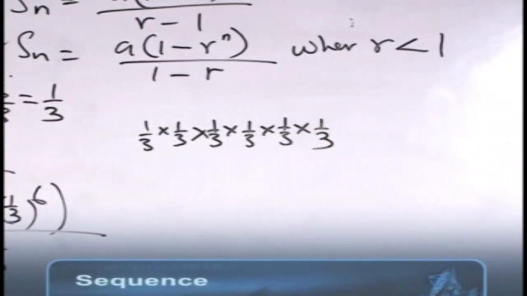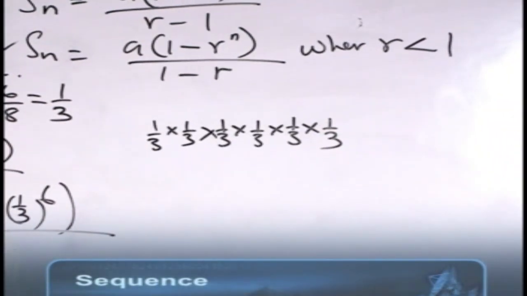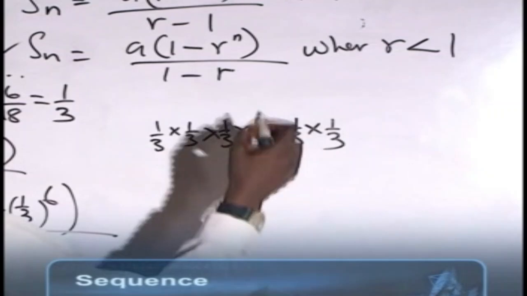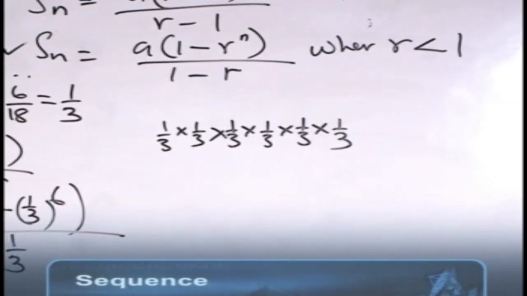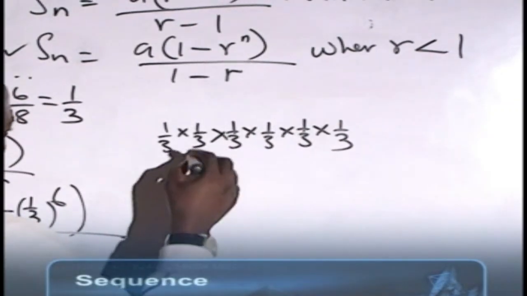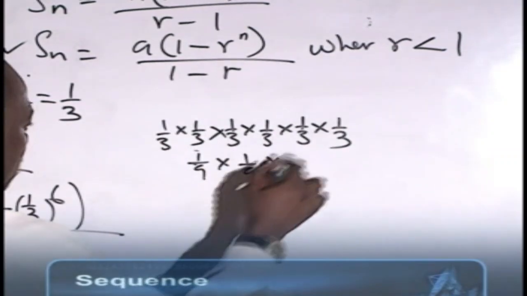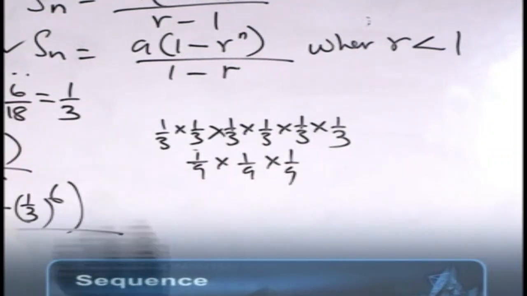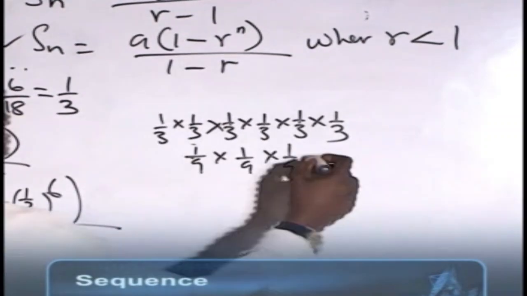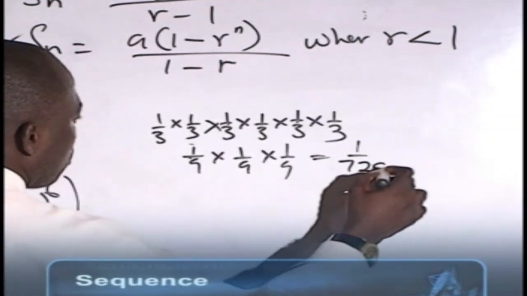If you multiply it out, what you're going to have is 9 times 9 times 9. So you have 1 over 9, 1 over 9 times 1 over 9 times 1 over 9, which is equal to 1 over 7 to 9.